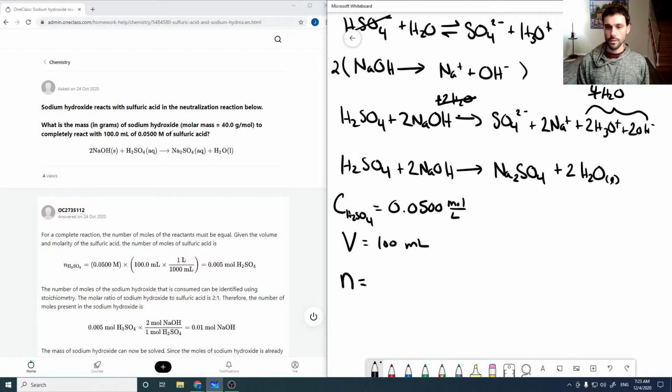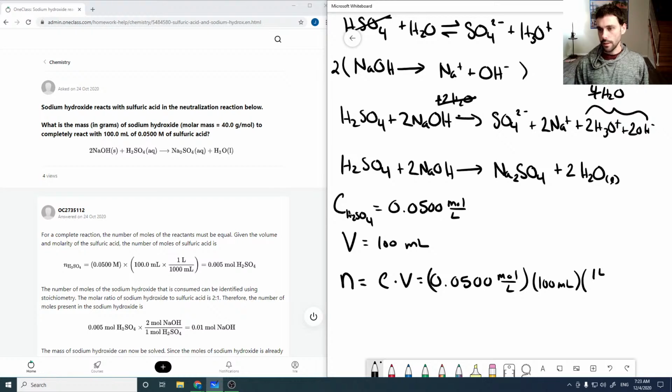So n is just our concentration times our volume, which is 0.0500 moles per liter times 100 mL times 1 liter per 1,000 mL, just for the unit conversion. So the mL will cancel, the liters will cancel, and we'll be left with moles, and that comes out to be 5.00 times 10 to the minus 3 moles. I'm just keeping significant digits in there.